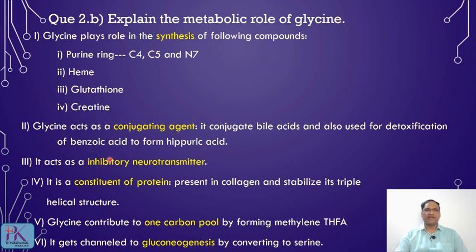It acts as an inhibitory neurotransmitter. It is present in collagen and stabilizes its triple helical structure. It contributes to the one carbon pool by forming methylene tetrahydrofolic acid, and it is a glucogenic amino acid, so it is channeled to gluconeogenesis. So these are the important metabolic roles of glycine.